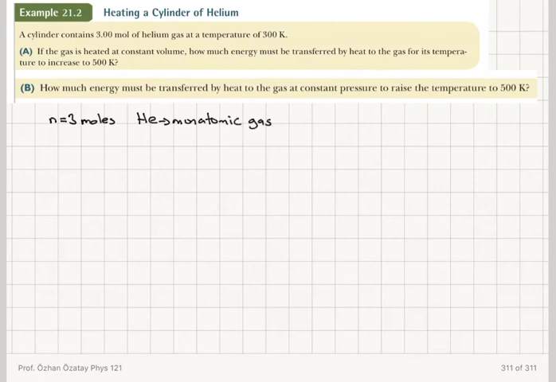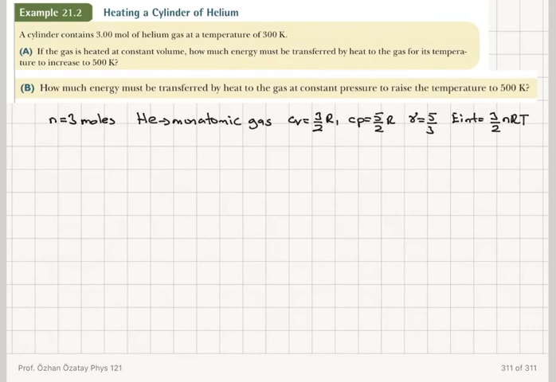Then you can immediately write Cv is equal to 3/2 R, Cp is equal to 5/2 R, gamma is 5/3. Total internal energy is 3/2 nRT. Only translations contribute to the total internal energy.